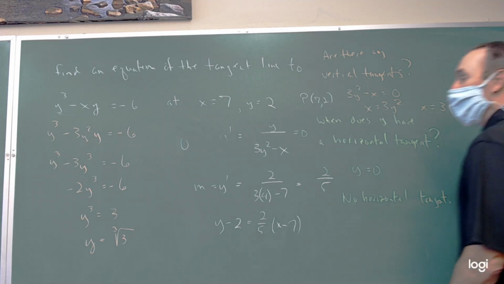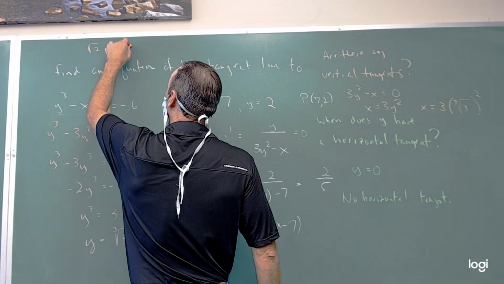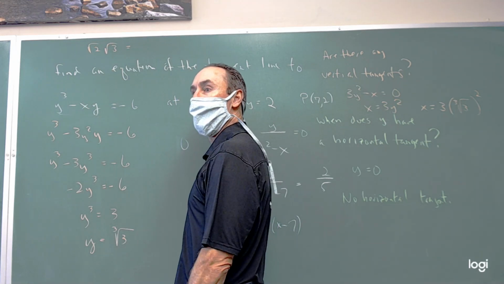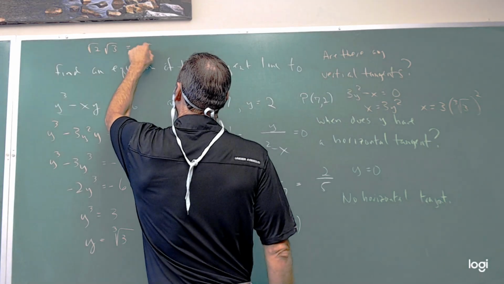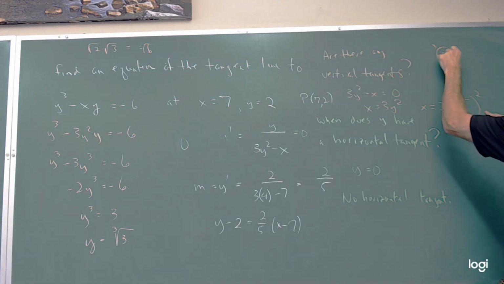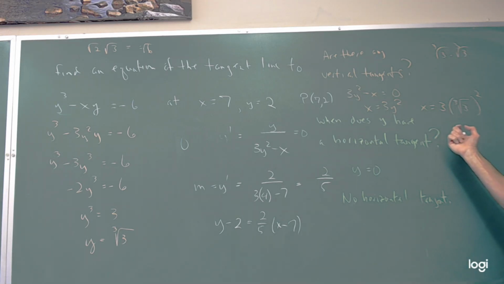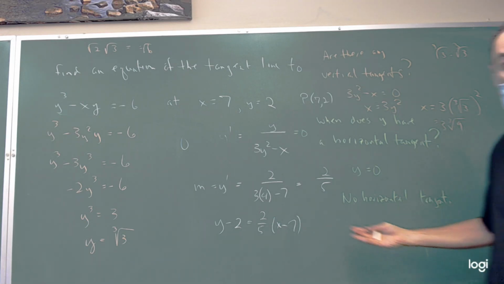If I asked you what's the square root of 2 times the square root of 3, you would say, because you can multiply the inside, that's square root of 6. So the cube root of 3 squared is the cube root of 9. So that's going to be 3 cube root of 9. Well, that's a weird number, but it's a number.